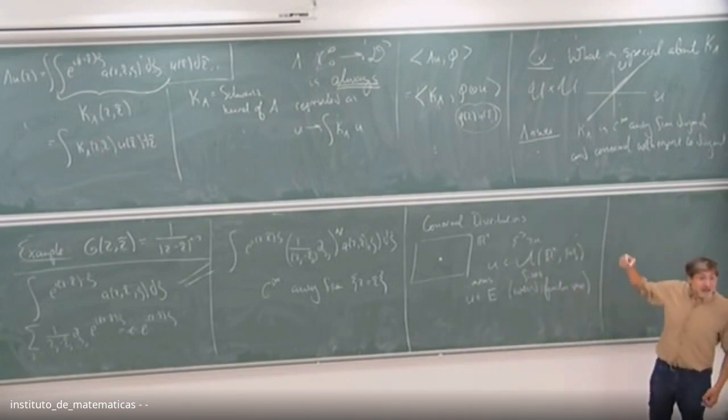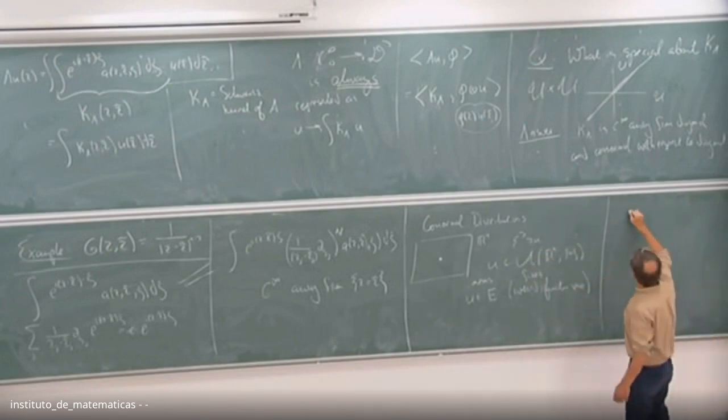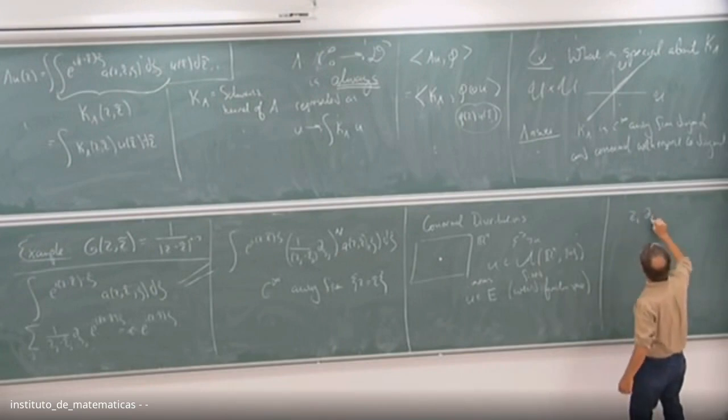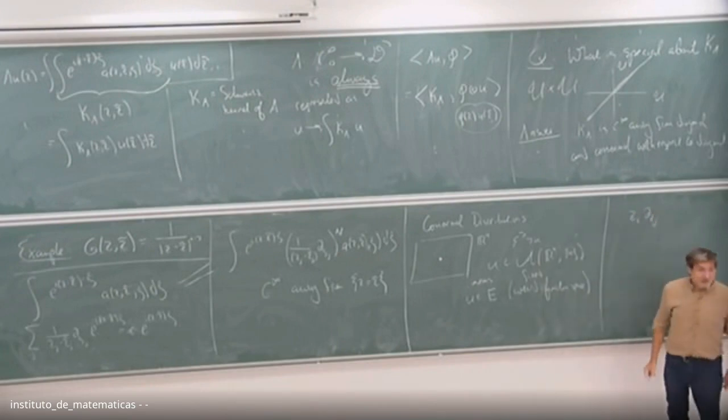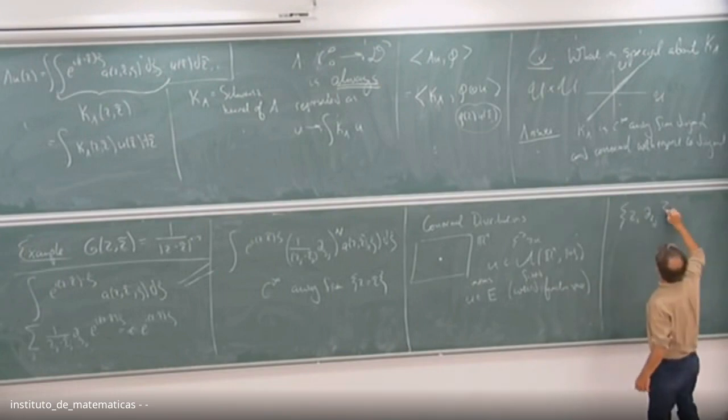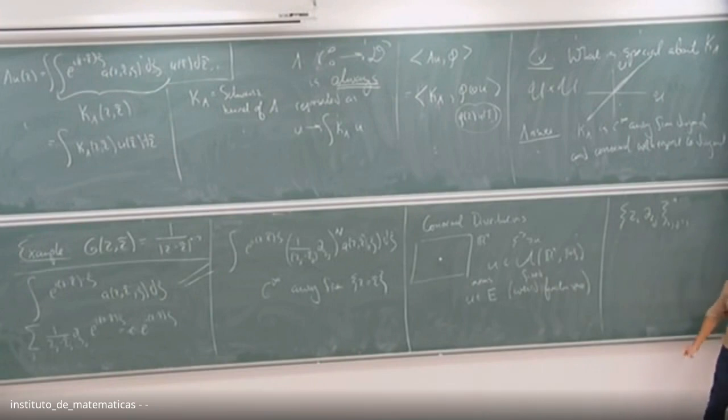So u is in this, and then I differentiate it as many times as I want with respect to the following vector fields. I take zi d by dzj. So I take the collection of all these vector fields. The important thing is that they vanish at the origin. These are in fact all vector fields which are smooth on Rn which vanish at the origin.